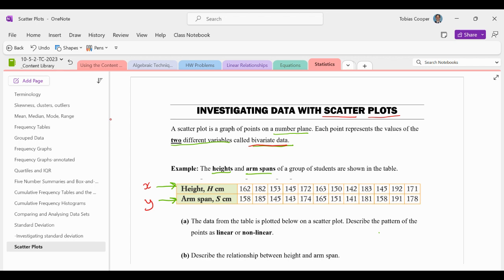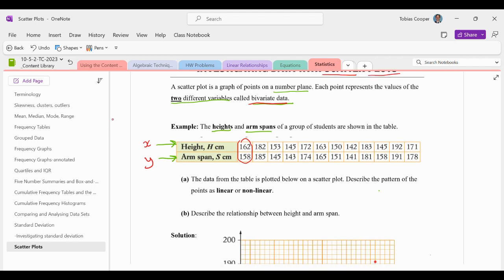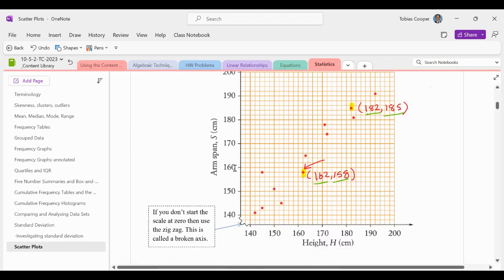If you look at the first pair, we've got a student with a height of 162 and an arm span of 158. If we go down to the graph, that's here where the arrow is. So that's the first highlighted point.